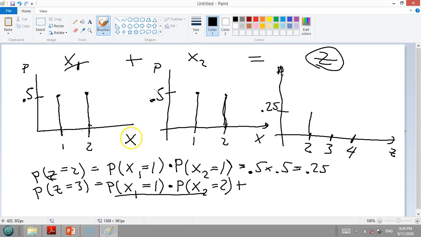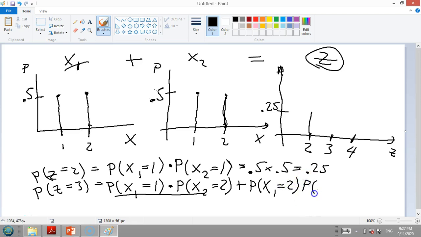Plus, there is another way it can occur, though. I can get a 2 on the first one and a 1 on the second one. So this is what you write here. Okay, watch. Probability x1 equals 2, right?